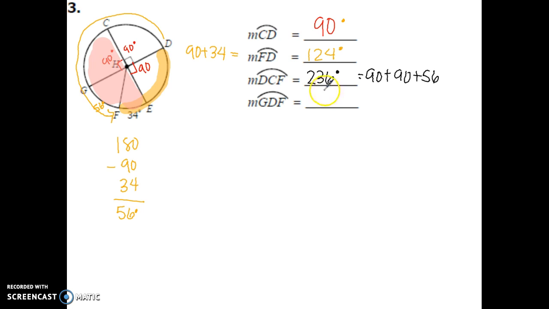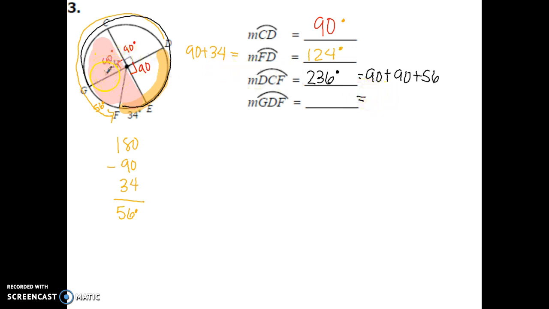And lastly, we have GDF. So GDF, I started early, didn't I? Here we go. GD all the way to F. So we could either add those up or we can subtract them from 360. Let's add them up.